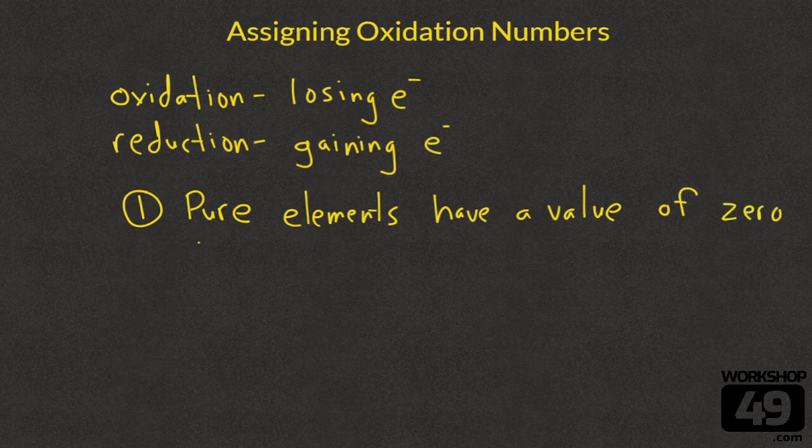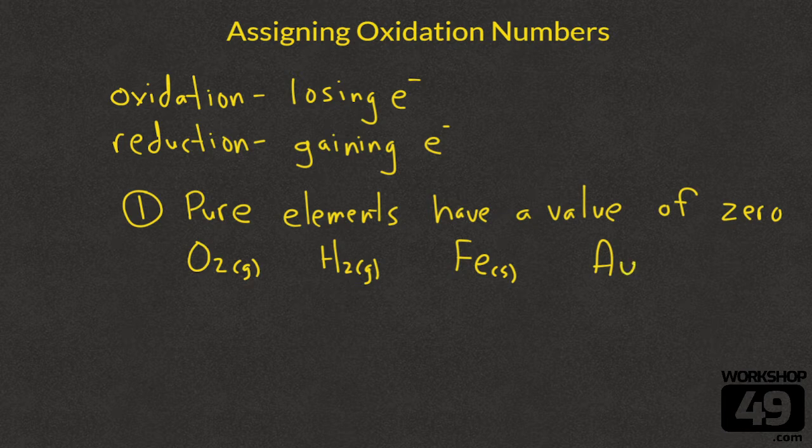That means if you have oxygen gas, hydrogen gas, iron metal, or gold metal, all of these have an oxidation number of 0.